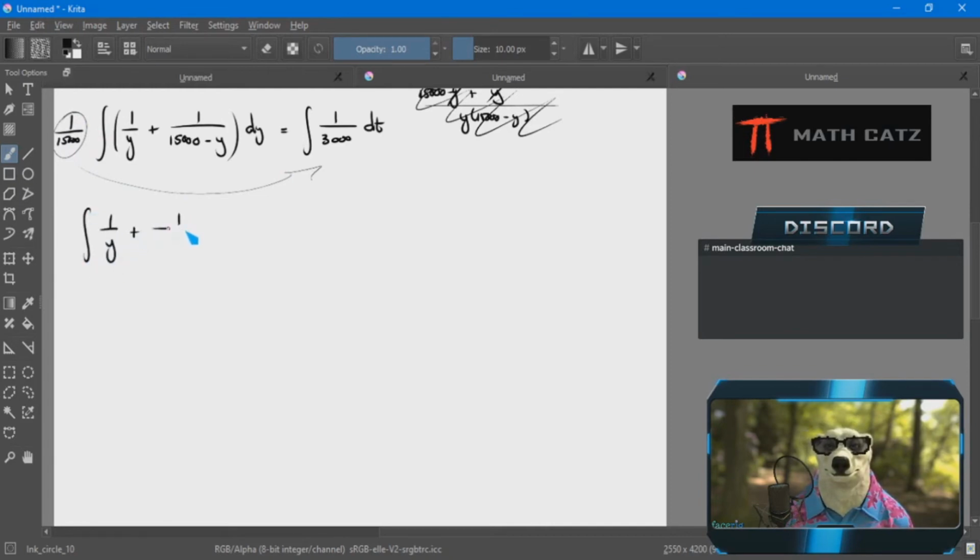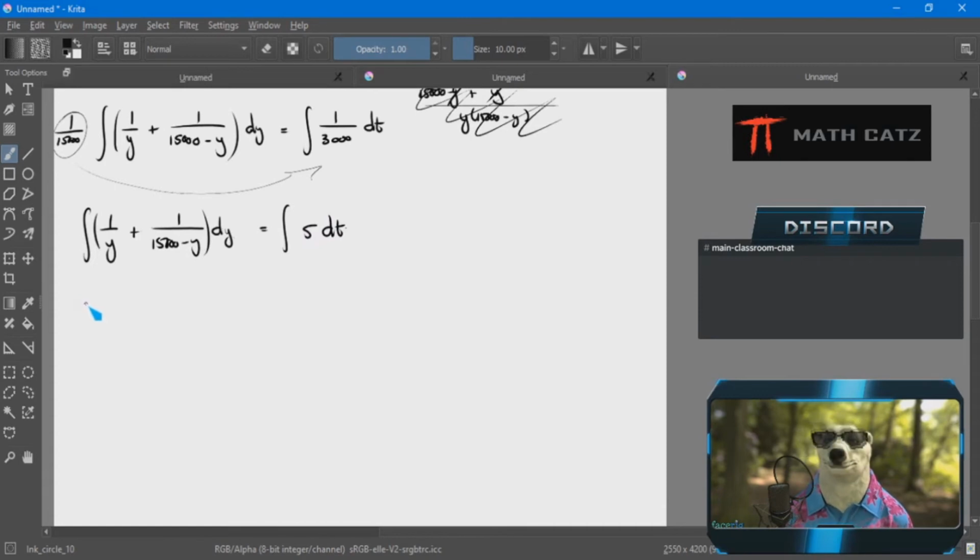I don't want to do too many steps in one go so you don't lose track of where we are. So I multiply both sides by 15,000. I might as well merge it with that guy over there. And then I get a 5. That looks a little nicer.